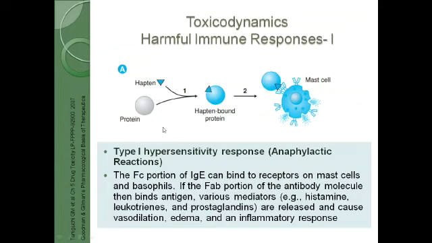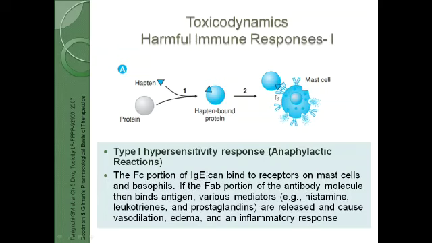So, here, hapten is bound to the protein, and also the immunoglobulin E with the Fc portion binds to the receptors which are available on mast cells or basophils.